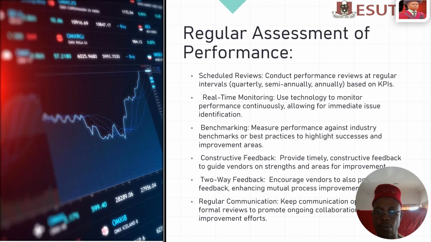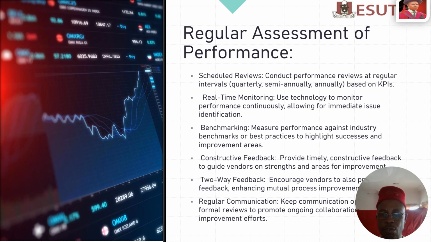Regular assessment of performance. Scheduled reviews. Conduct regular performance reviews using the established key performance indicators. These reviews can be quarterly, semi-annually, or annually, depending on the nature of the goods or services provided. Real-time monitoring.